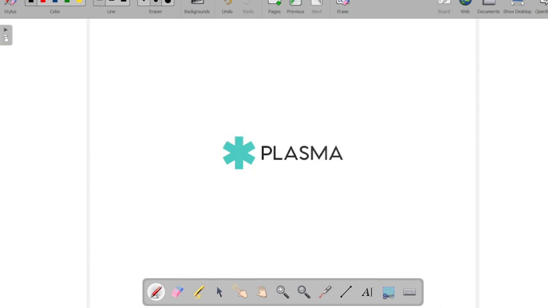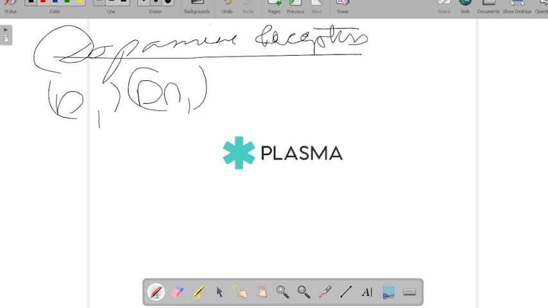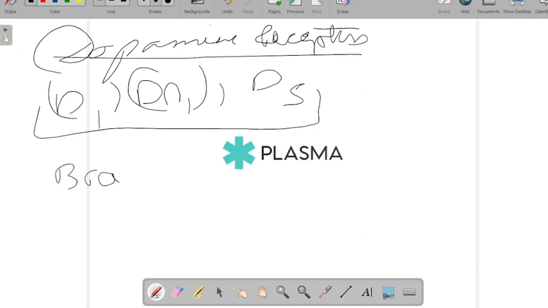Now the dopamine receptors. So we'll talk about D1, that is known as DA1, and the D5 simultaneously. So it's present in brain effector tissues and smooth muscle of renal vascular bed.